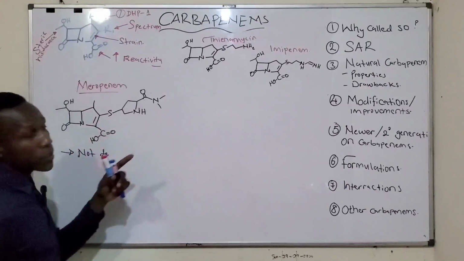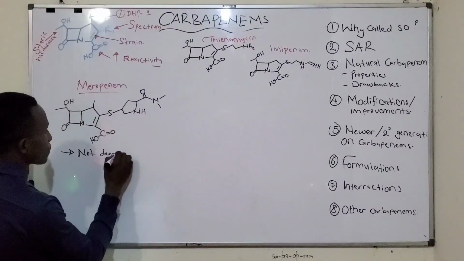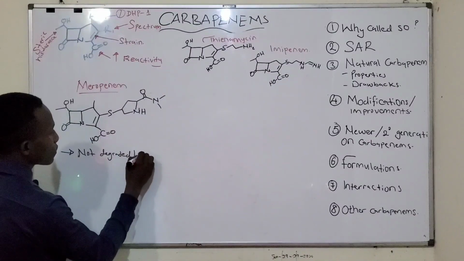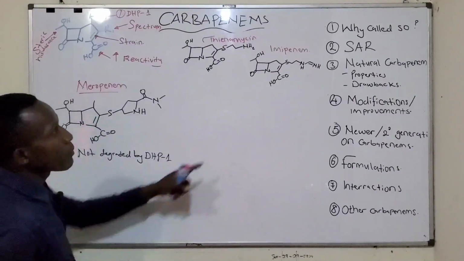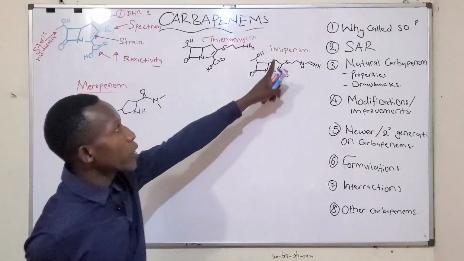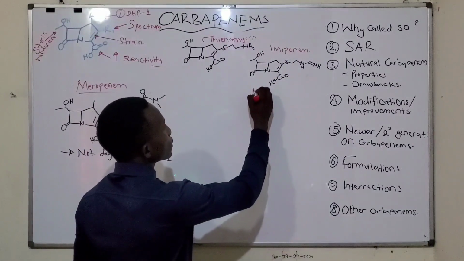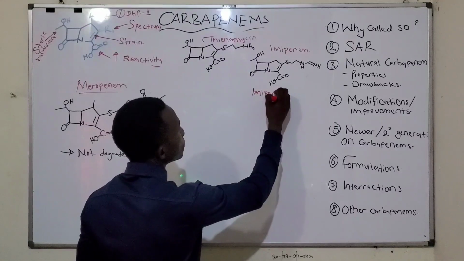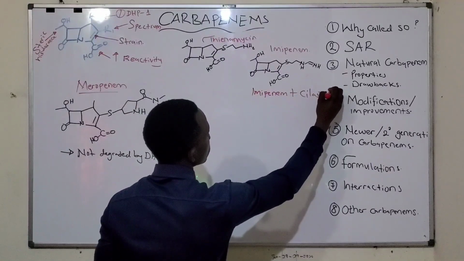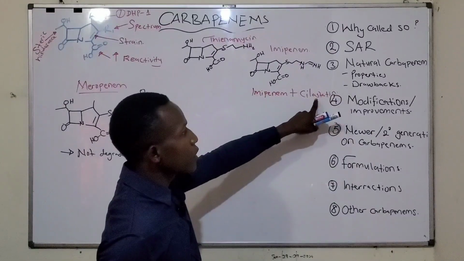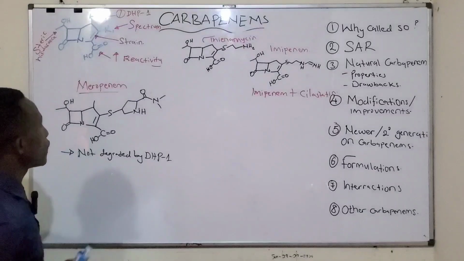It can itself inhibit the DHP1 enzyme. It's not like imipenem, where we combine imipenem with cilastatin. This is the DHP1 inhibitor, but for this one, it can itself inhibit the DHP1 enzyme.